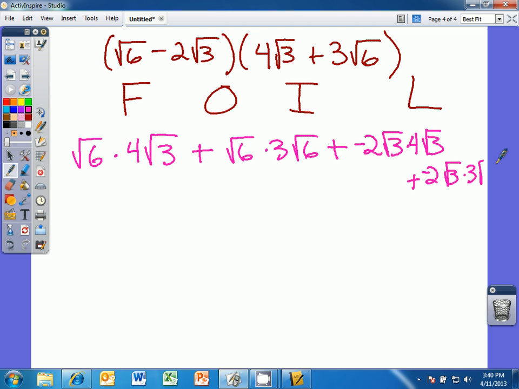And what you're going to notice is the product of the first terms and the product of the last terms will tend to be like radical expressions, and the two middle terms, the outer product and the inner product, will end up being perfect squares, so we'll be able to simplify that.